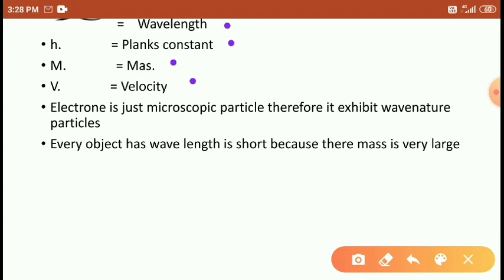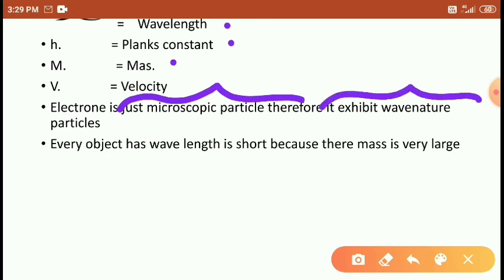Why does the electron, a particle, exhibit wave nature? Because when we calculate the wavelength, it is a very microscopic particle, so that's why it exhibits wave nature. Every object in the universe, if it has mass, definitely also shows wave behavior.